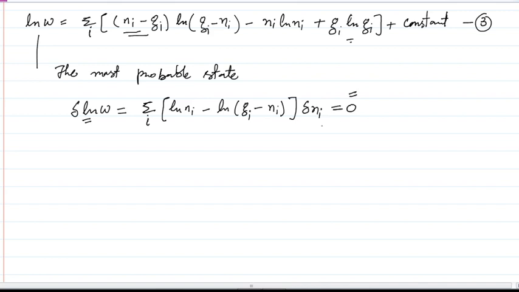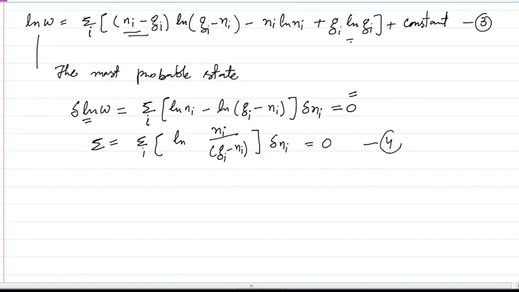Or we can say this relation can also be written as, because this is log of m minus log of n, it will be simply equal to ln of Ni upon Gi minus Ni, with respect to the Ni particles, equal to 0. Suppose this is equation number 4.